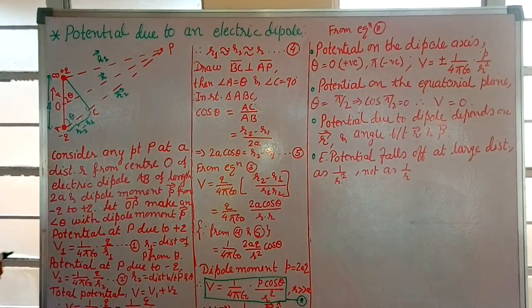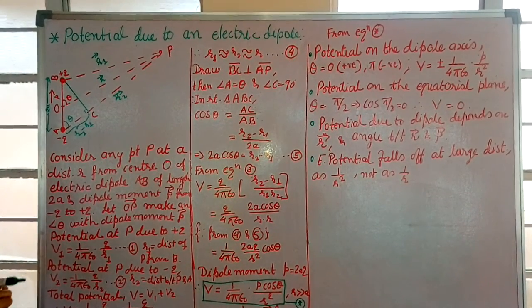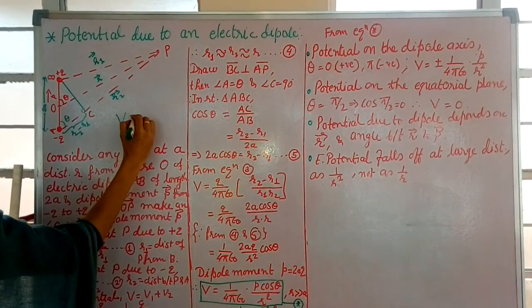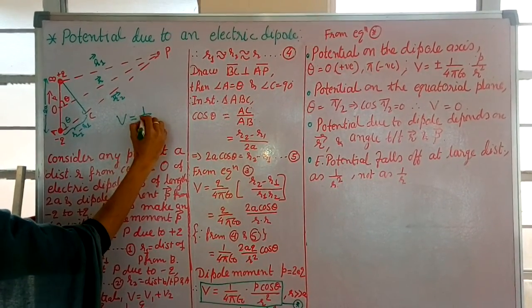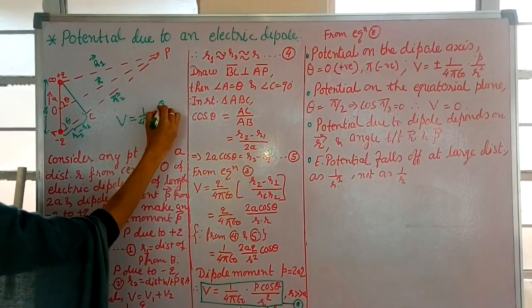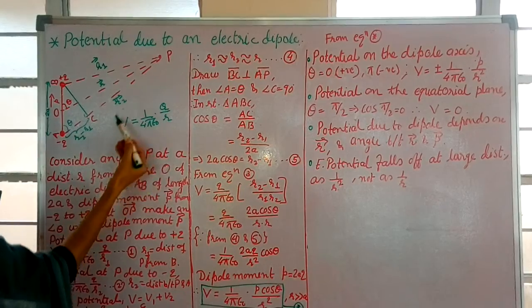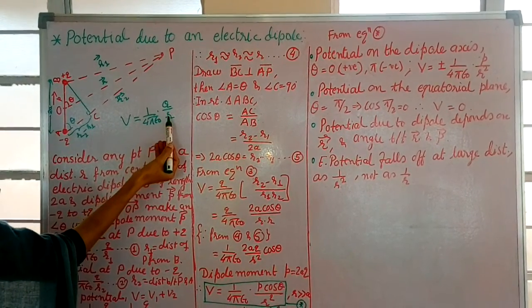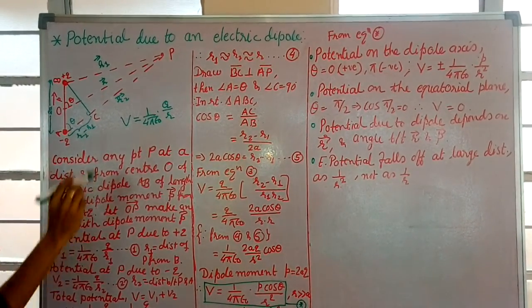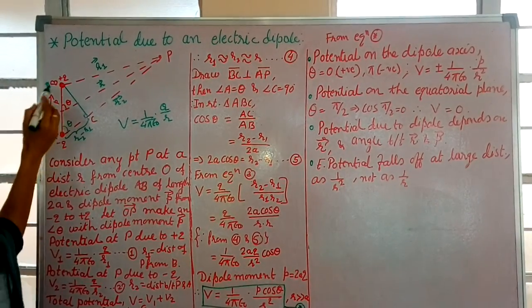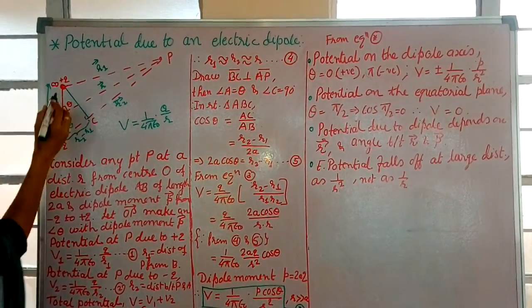We know the potential because of a point charge, which we did in the last class: V is given by 1 by 4 pi epsilon naught, the source charge divided by the distance from that charge. Now we write it for the positive charge.